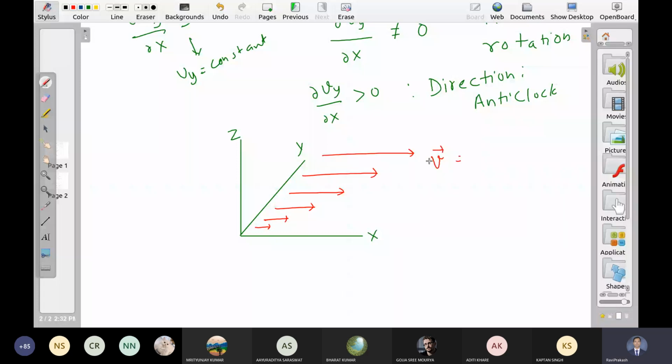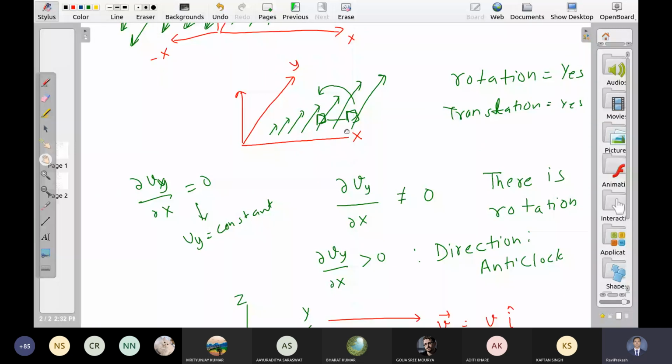And this Vx is not constant. As you go along y, this Vx is increasing. So this is del Vx by del y, it is the x component, so write x, okay?